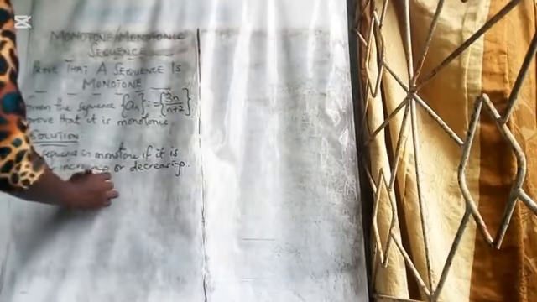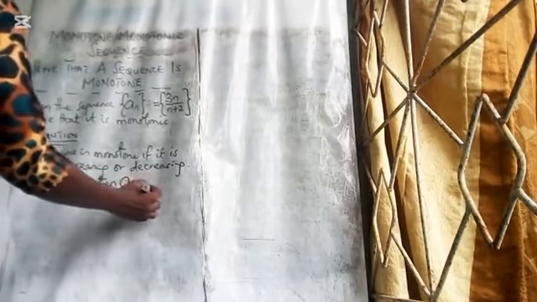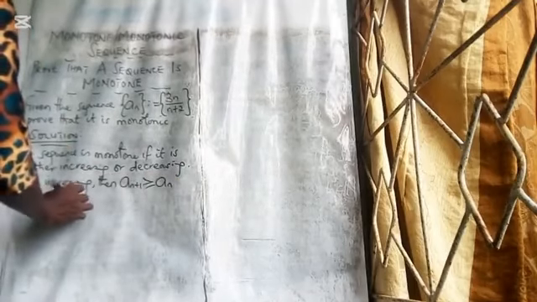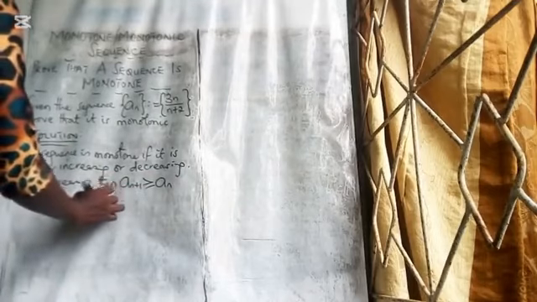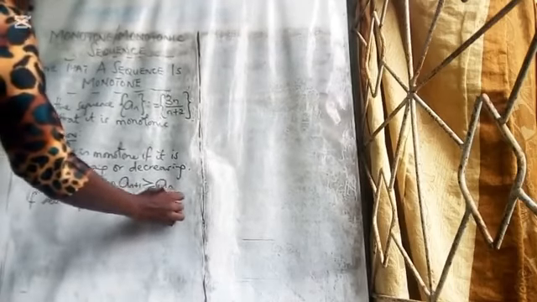If it is increasing, then a sub n plus 1 will be greater than or equal to a sub n. And if it is decreasing, then a sub n plus 1 will be less than or equal to a sub n.